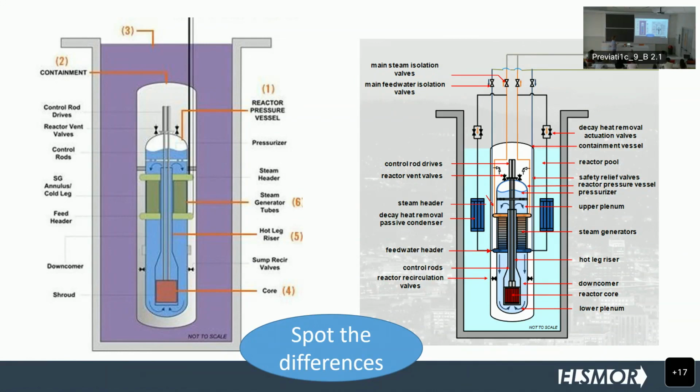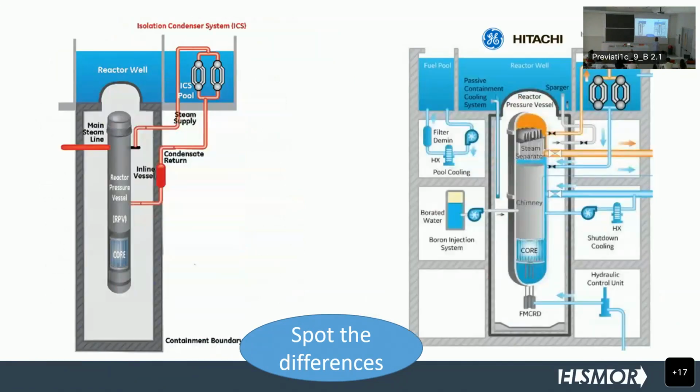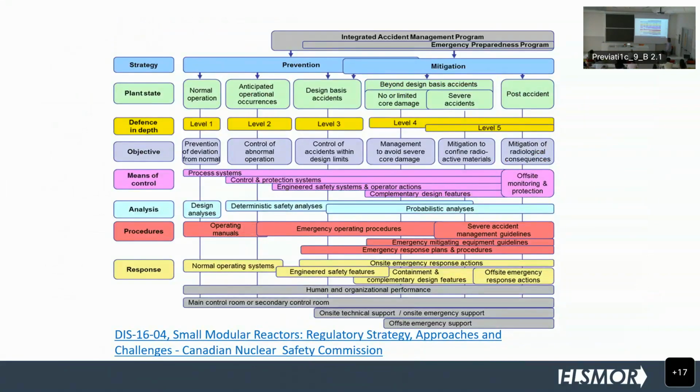So in this original way, you're putting your reactor into an accident mode every time you shut down for refueling. If we think about defense in depth, you're supposed to be in normal operation, and then when you shut down the reactor, you're suddenly in the accident mode. That's not necessarily a very good idea.